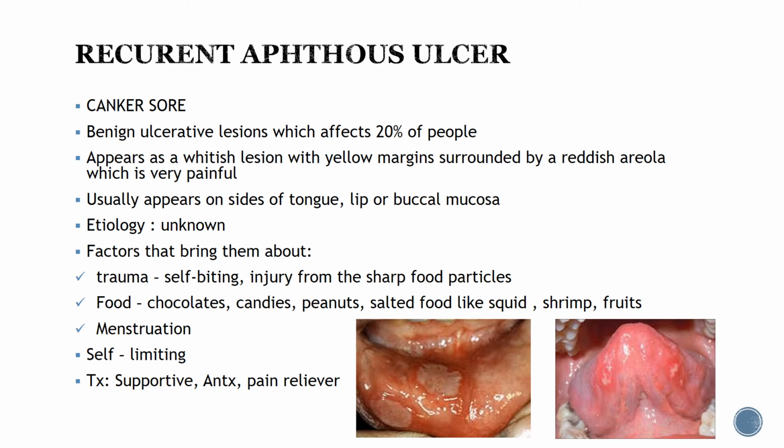The etiology is unknown, but factors that bring them about are trauma from self-biting, injury from sharp food particles, foods such as chocolates, candies, peanuts, salted food like squid, shrimp, and fruits, and menstruation. This is self-limiting. Treatment is supportive, with antibiotics and pain relievers.